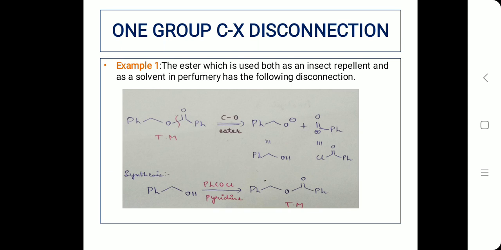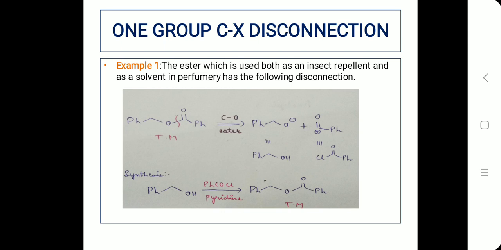Now, going on to the synthesis, we take benzyl alcohol and benzoyl chloride and react them with pyridine, which gives us the target molecule. Here we are using the acid chloride because, when you look at the carbonyl derivatives, the acid chloride is the most reactive, and the second most reactive is the anhydride.